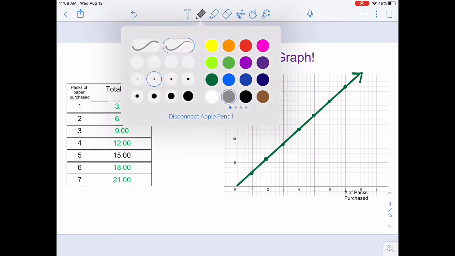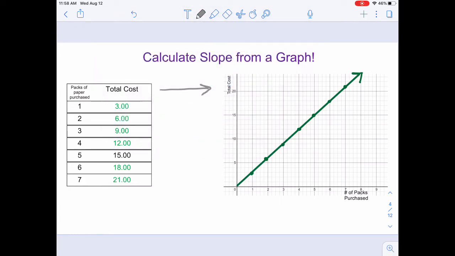When we're looking at a graph, we can think of rate of change as rise over run. It means the same thing as y2 minus y1 divided by x2 minus x1, because both of these mean you're trying to find the difference.